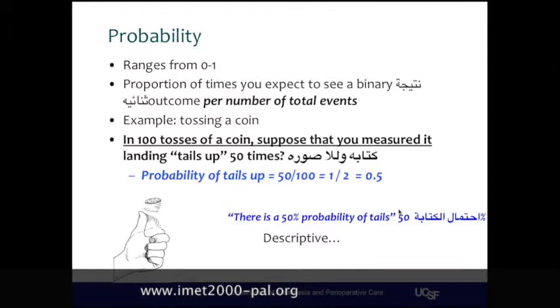So we would say the probability of tails is 50 in 100, or 1 in 2, or it's 0.5. And we would say there's a 50% probability of that coin landing on tails.